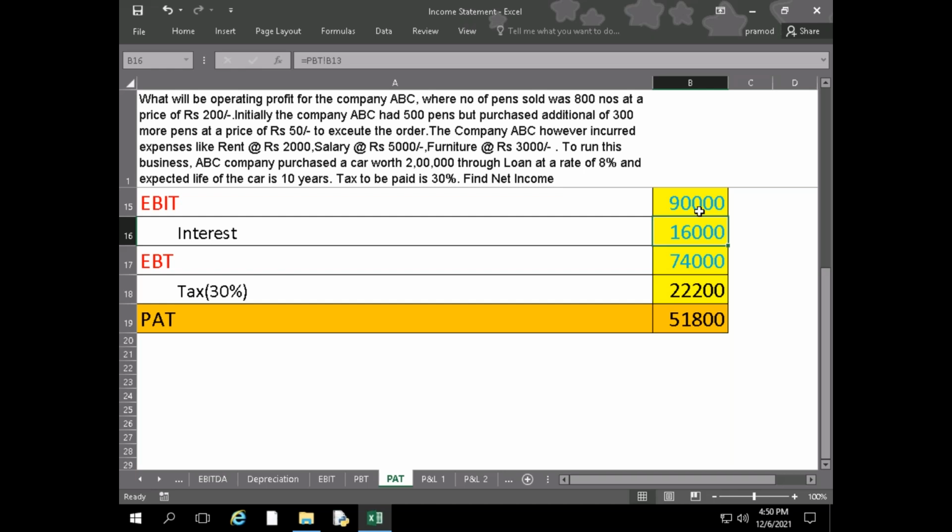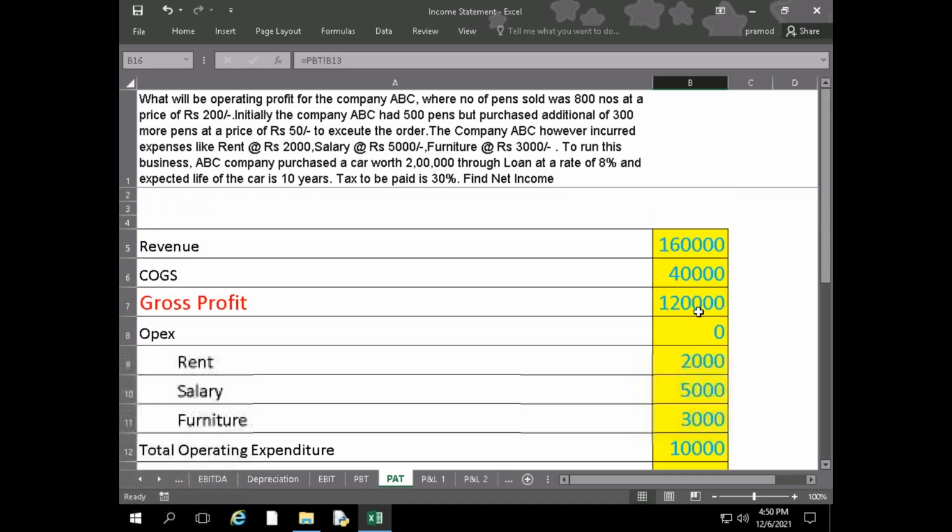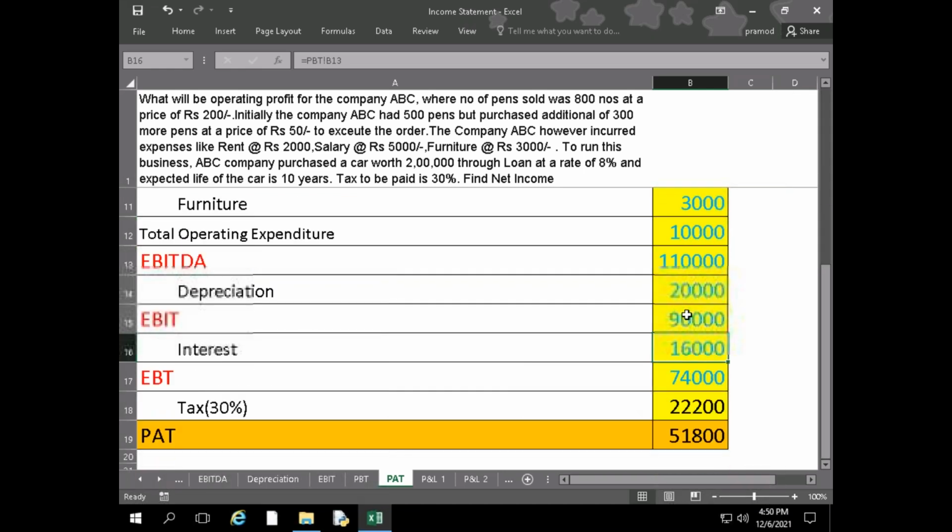While entering, I have entered 1 lakh, sir, in EBIT. So I am getting a 10,000 difference. Now I got it. Okay, thank you.